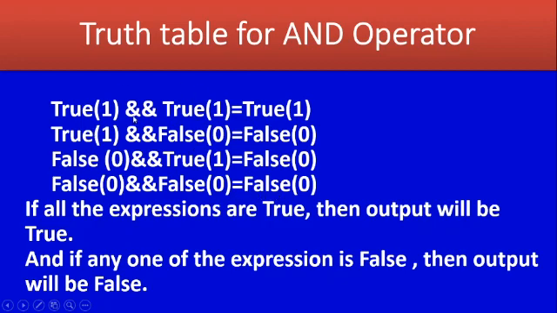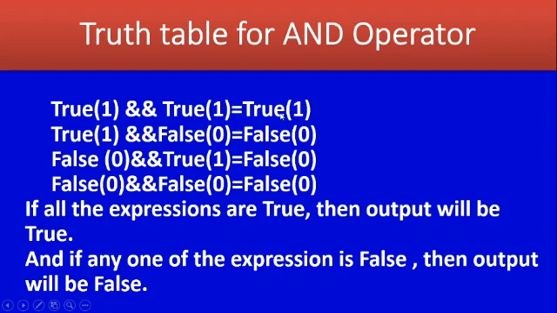This one is easy, as I told you. AND is called logical multiplication. So these are the binary values, 1 or 0, and the output is either 1 or 0. AND means logical multiplication, so 1 into 1 is 1. This is the easy method.